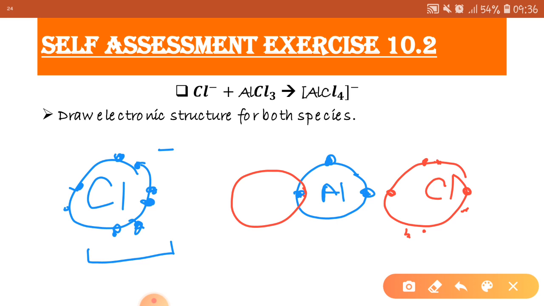Similarly, this valence shell electron will also be shared with another chlorine atom, and this valence electron will be shared with another chlorine atom.